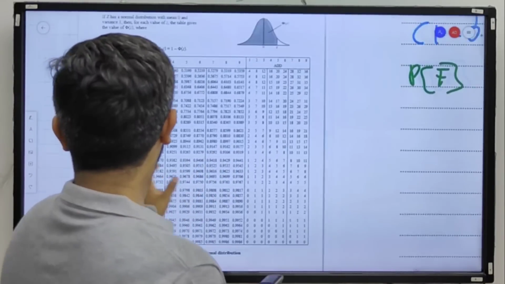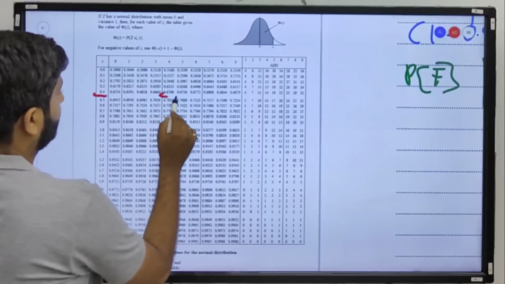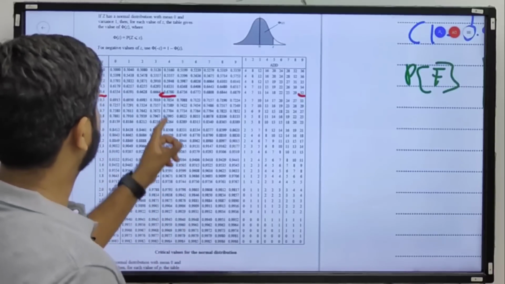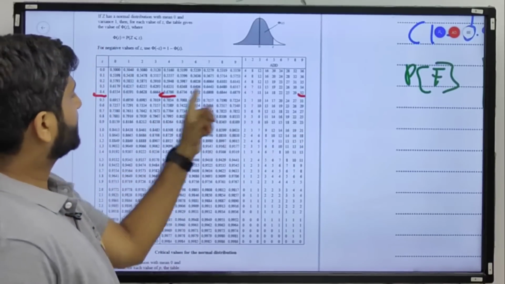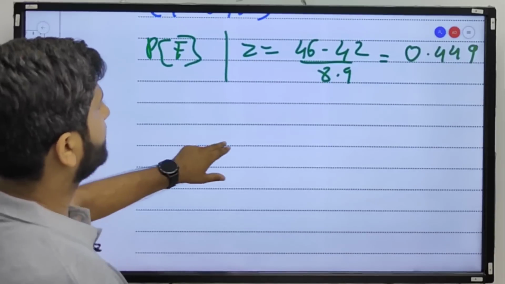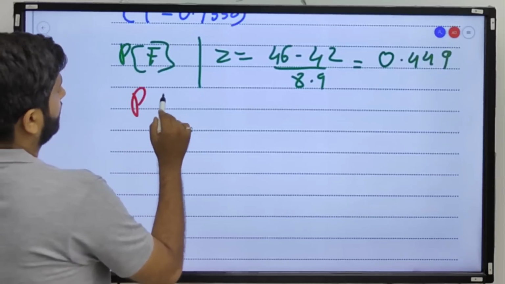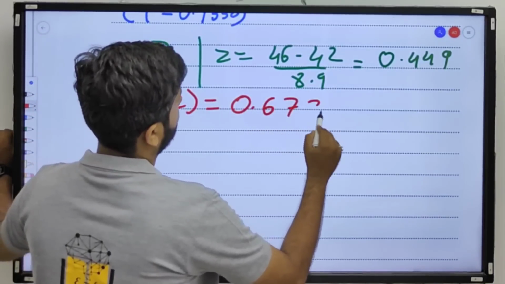So 0.44, and we have 9, which means I have to add 32. So 0.6700 plus 32, pretty easy, 0.6732. So the probability of Z is 0.6732.